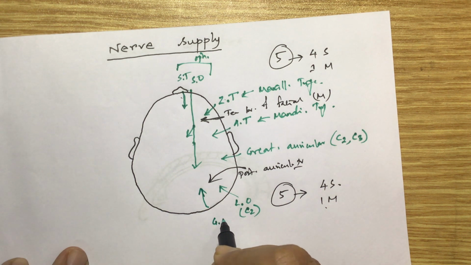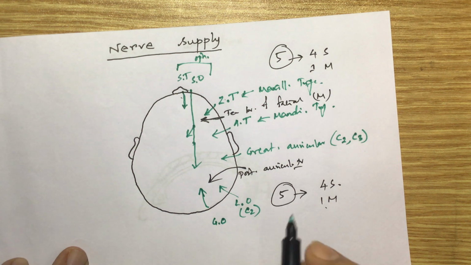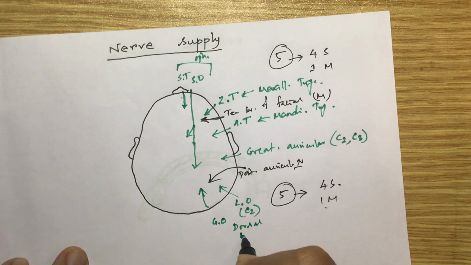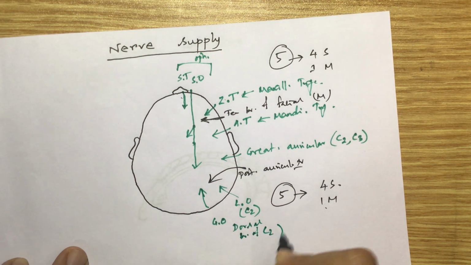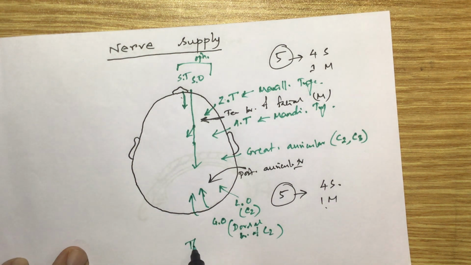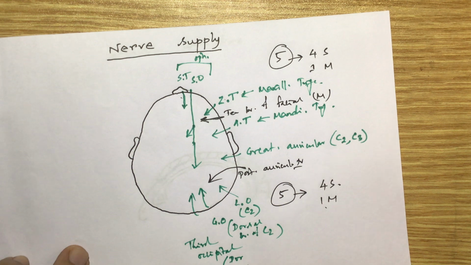Then there is the greater occipital. It contains the fiber of the dorsal branch of the second cervical. Another is the third occipital, which carries the dorsal fiber of the third cervical nerve.